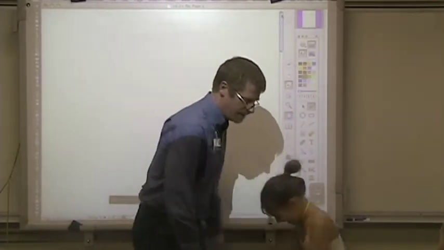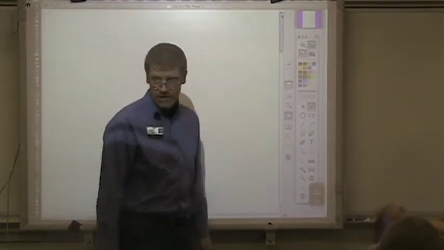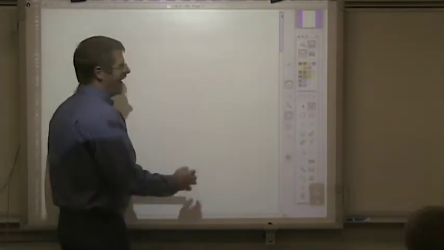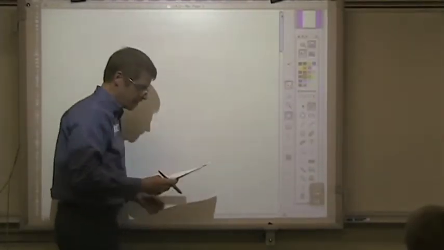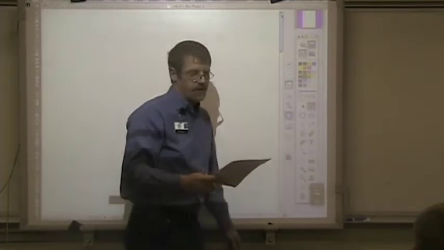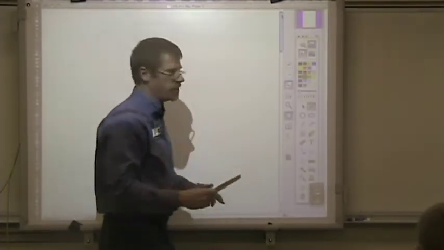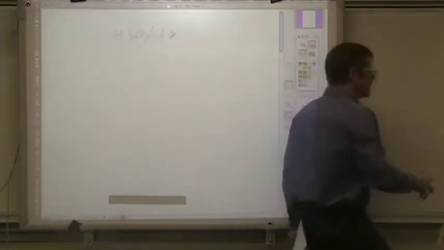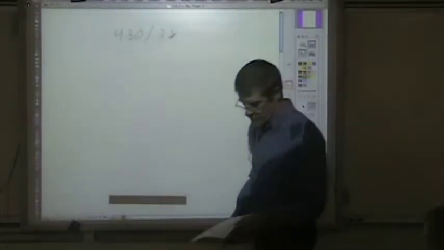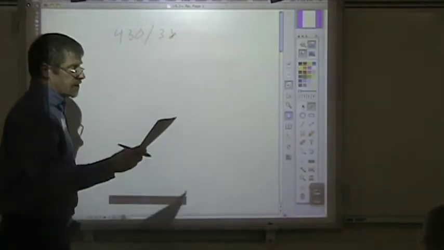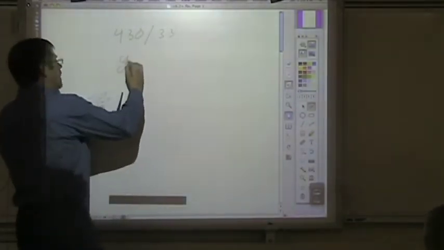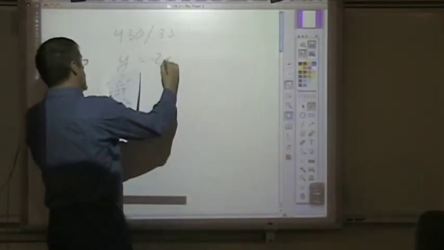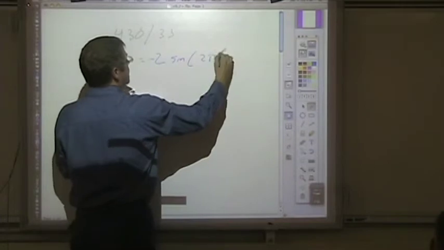Okay, let's go. For starters today, I'd like to talk about one of the problems that was probably on the homework, at least it was last year. A problem that students had a lot of questions on was page 430, number 33. In class, there was a problem on the homework that was y equals -2 sine of 2 pi x.